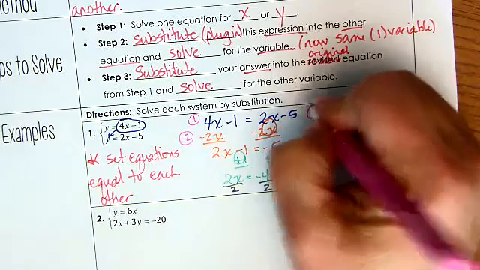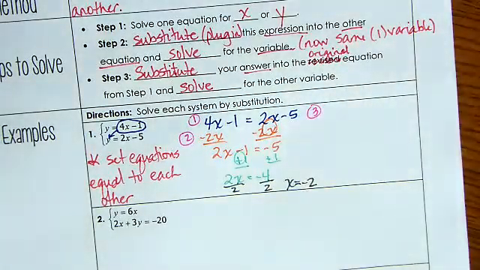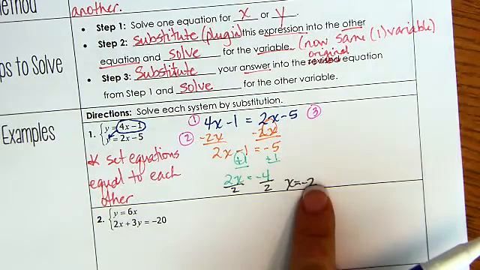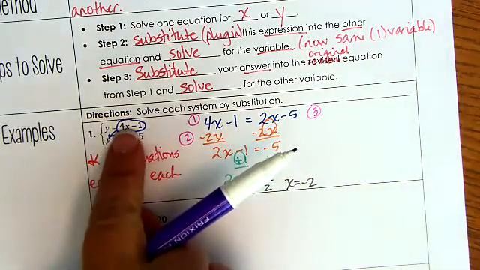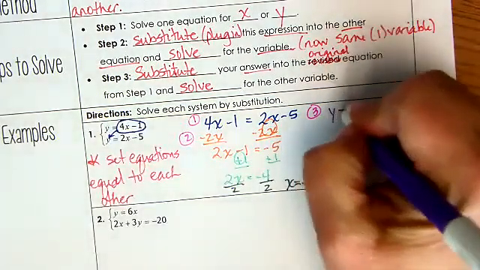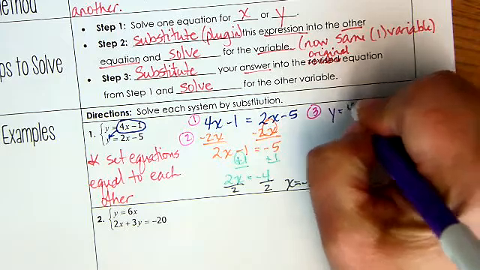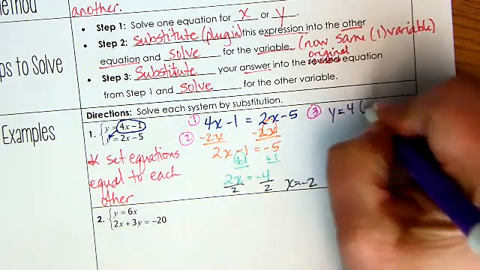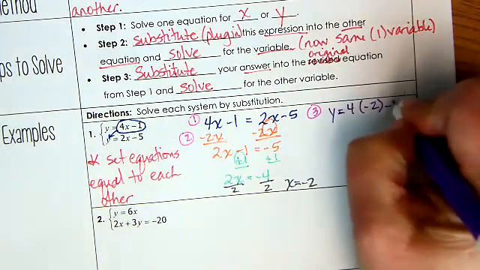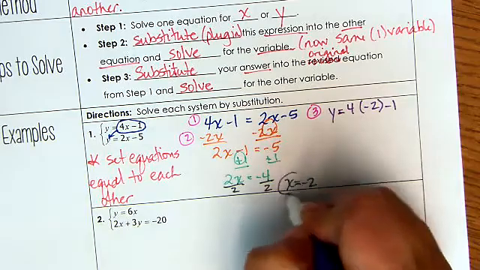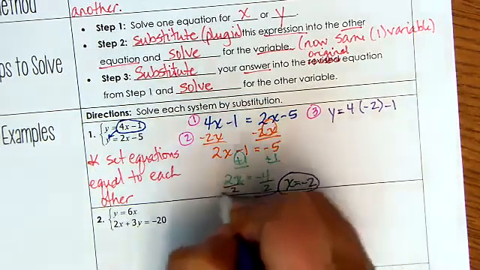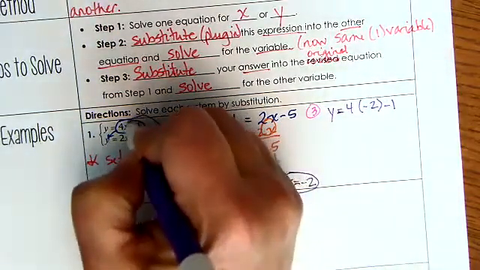And now step 3 is where we take this and plug it into the original. So we have y equals 4 times negative 2 minus 1, because we took this and plugged it in here.